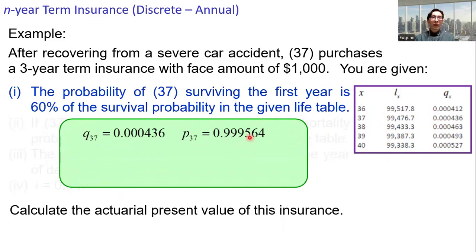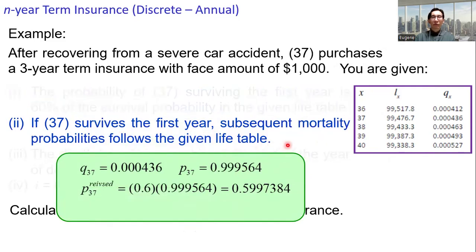The probability of surviving the first year for this individual is only 60% of this. So we write the revised survival probability as 0.6 times p_37. We get 0.5997384.